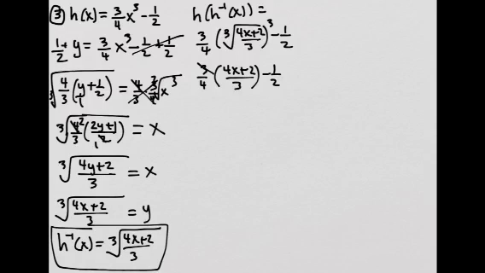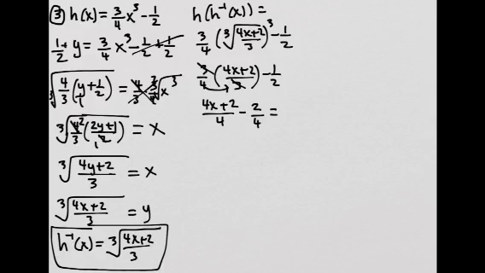So the 3 over the 3 cancels, and so I have 4x plus 2 over 4, because I'm distributing the 4 here, minus 1/2. Well, minus 1/2 is the same thing as 2/4, correct? So since they have the same denominator, I can combine them.